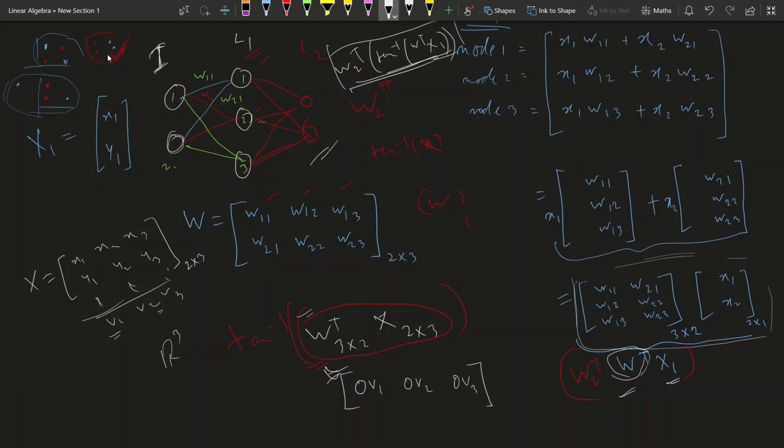So this was my take on neural networks after learning linear algebra. If you believe that this idea is wrong, then feel free to comment down in the comment section below. But I think, based on my knowledge of linear algebra, this is what should happen. That is what my belief is.